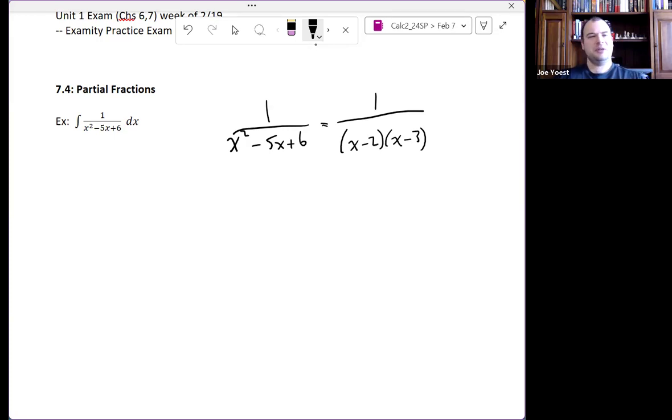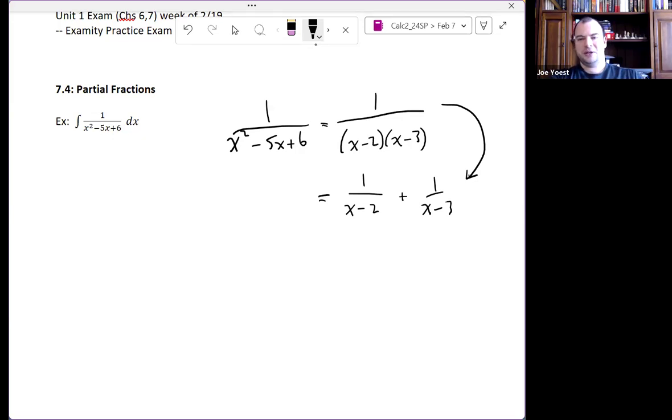Now, maybe this didn't get me very far, but if I look at this and I say, well, could this be something like 1 over x minus 2 plus 1 over x minus 3? Could this fraction break into some partial fractions like this?